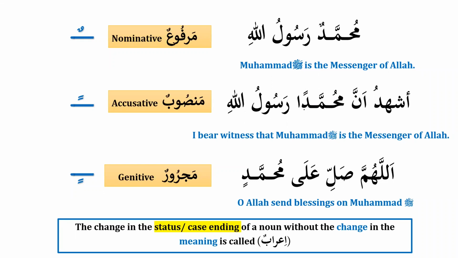Similarly, a noun can end with Dhammatan, or it can end with Fathatan, and it can end with Kasratan, as we can see here in the example. So we say Muhammadun Rasulullah Sallallahu Alaihi Wasallam. We are not following the rules of tajweed because we are following how to understand the Arabic language and how to focus on the ending.